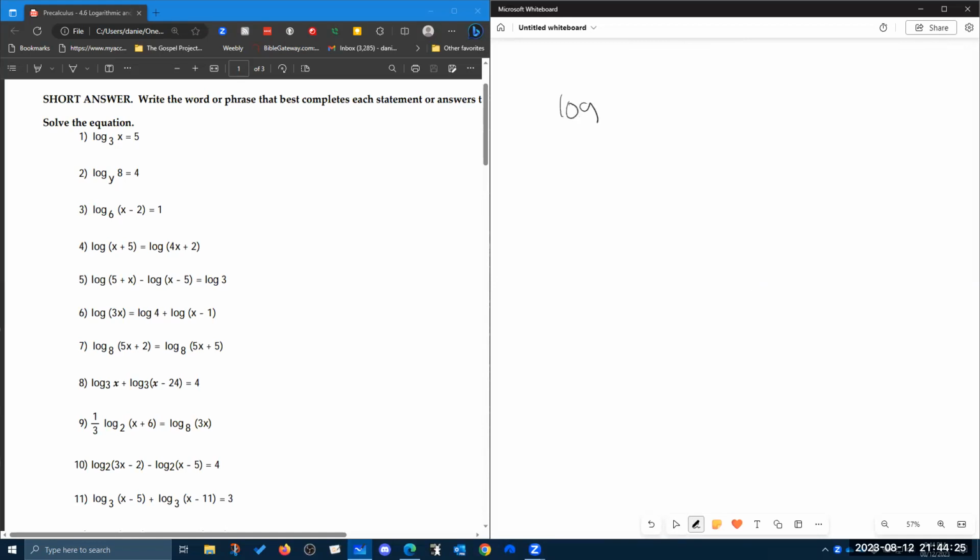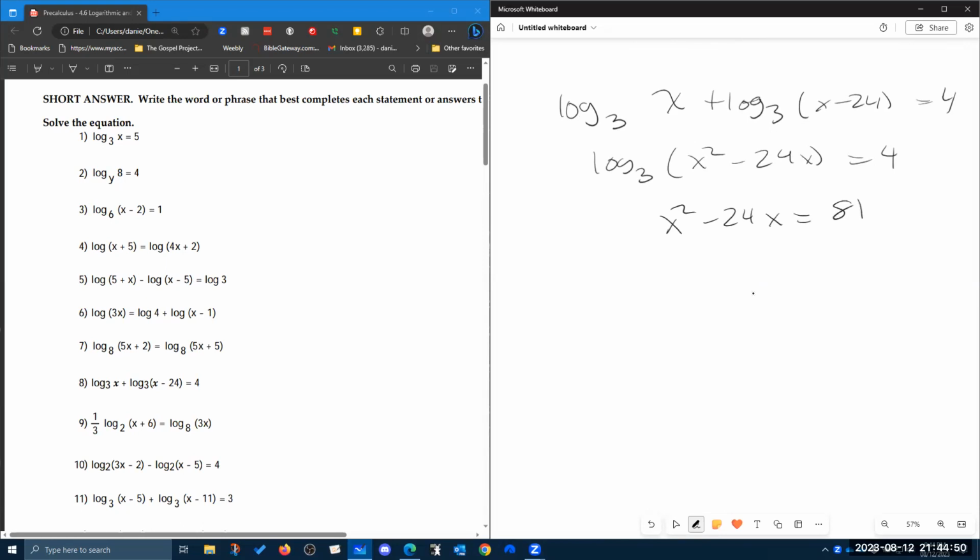Log base 3 of x plus log base 3 of x minus 24 is equal to 4. Log base 3 of x squared minus 24x is equal to 4. X squared minus 24x is equal to 3 to the 4th, which is 81. X greater than 0, x greater than 24. That's my domain.